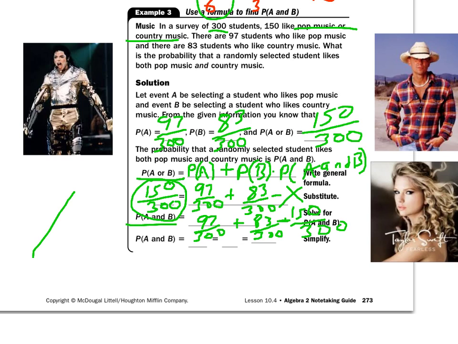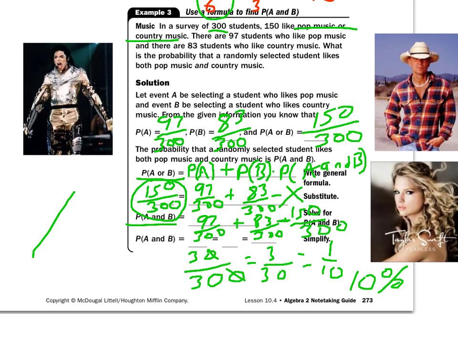So I just flip-flopped those two things, trying to solve for probability of A and B. Well, 97 plus 83 was 180. Minus 150 was 30. So I have 30 over 300, or 3 over 30, or 1 over 10, or a 10% chance that somebody likes both pop and country.